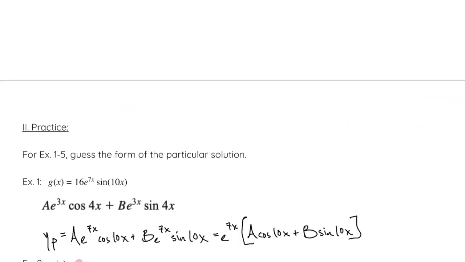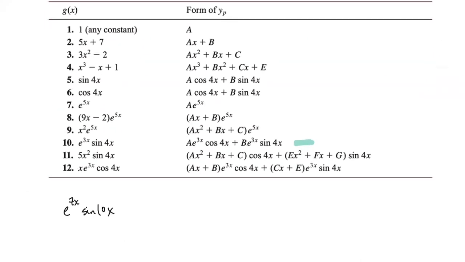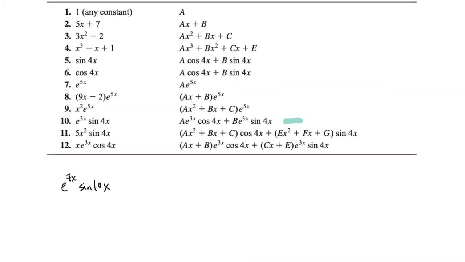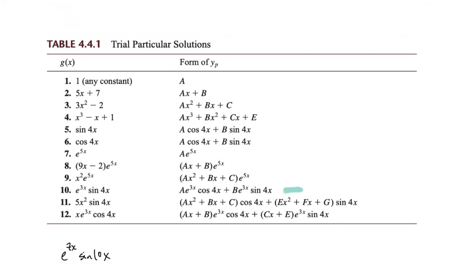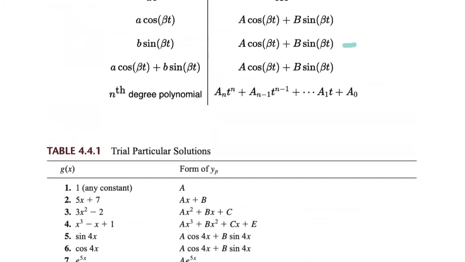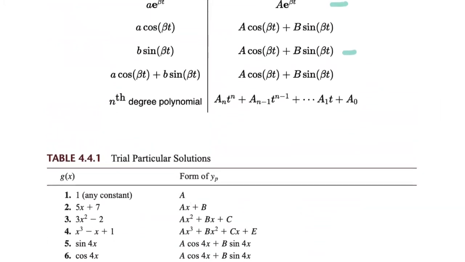All right, let's see. We have a guess for AX. So I would say that X is probably most similar to a 5X plus 7 situation from the bottom table. And it doesn't look like we really have one here, except that they describe in general the nth degree polynomial. So if I have X, what degree is that?